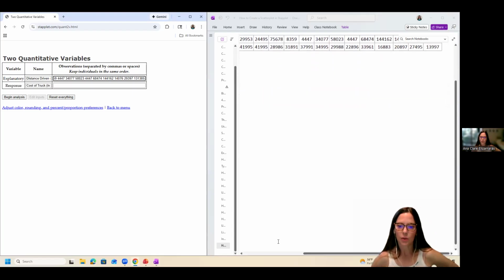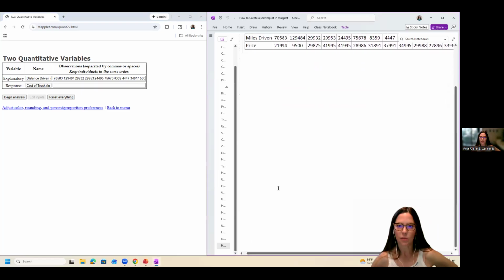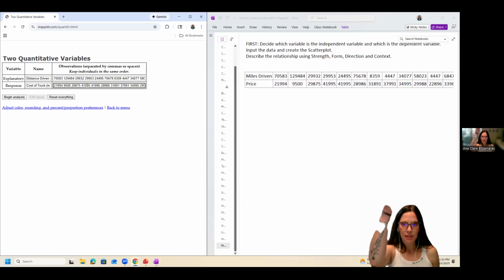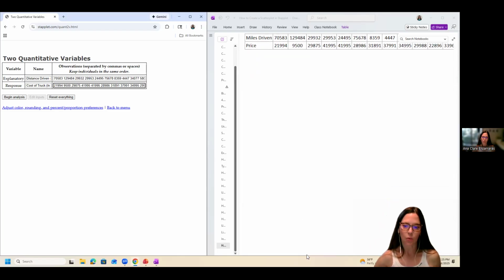So now we're going to copy the data for the price. But please understand that the order in which you enter the data matters. The 70,583 miles goes with the price of 21,994. Those two go together. So the way in which the table is written is very important that you keep that order.